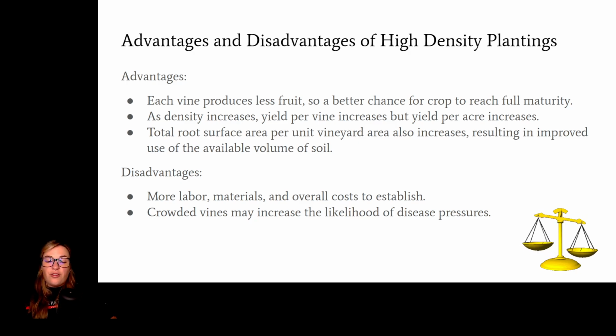Disadvantages: more vines equals more labor. It doesn't matter if it's 1 acre of land for, let's say, 1,000 vines versus 5,000 vines, right? The more vines you have, the more work it's going to be. So it's going to cost you more for labor, materials, and overall costs. Crowded vines will also increase the likelihood of disease pressures, right?